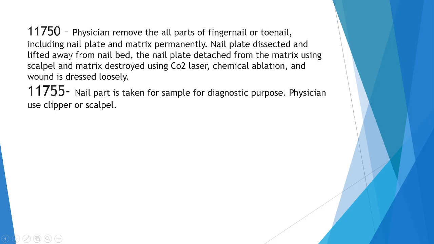Now coming to 11750. The physician removes all parts of the fingernail or toenail, including the nail plate and matrix, permanently. So we'll see the matrixectomy procedure: the nail plate is dissected and lifted away from the nail bed, the nail plate is detached from the matrix using a scalpel, and the matrix is destroyed using CO2 laser or chemical ablation, and the wound is dressed loosely.